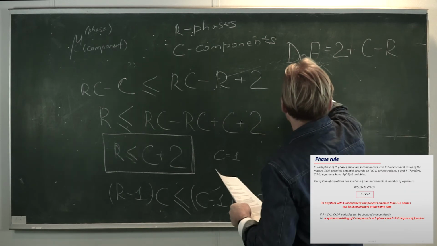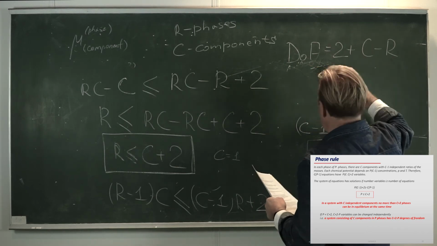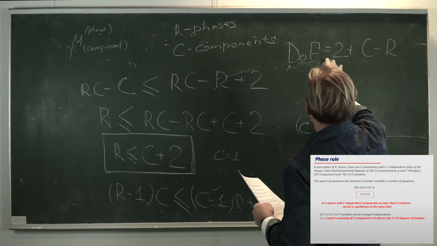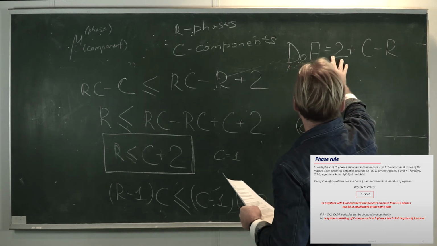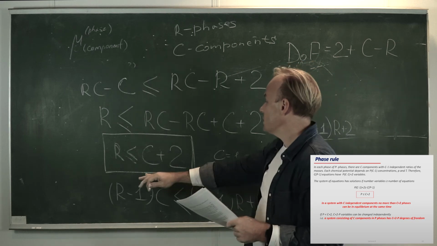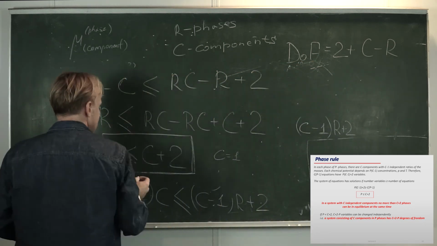So if you have C number of components and R number of phases, the total number of degrees of freedom is 2 plus C minus R. And as I said, this is the very same rule as written here, just formulated slightly differently.